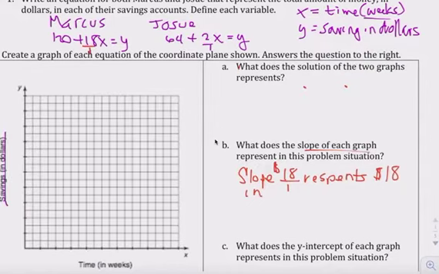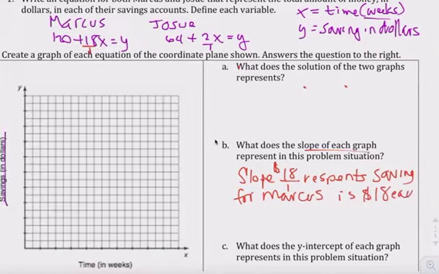It represents savings for Marcus: the savings for Marcus is $18 each week.